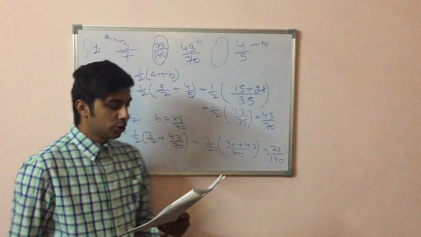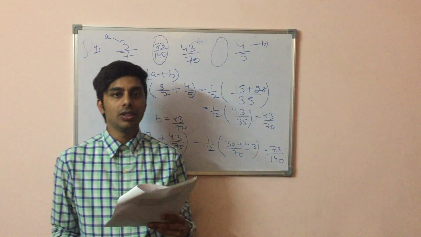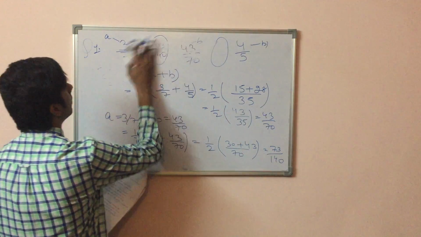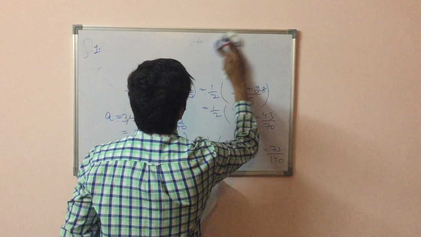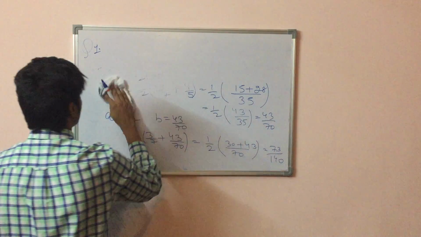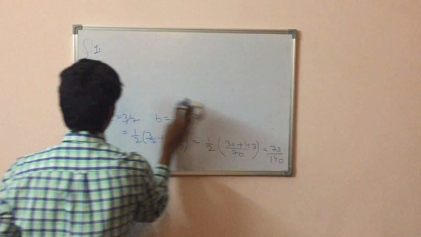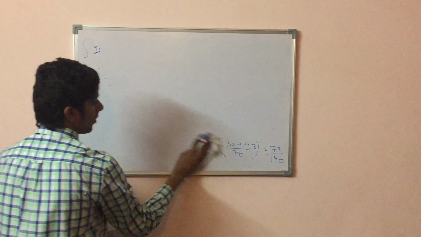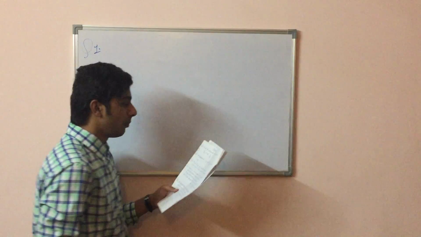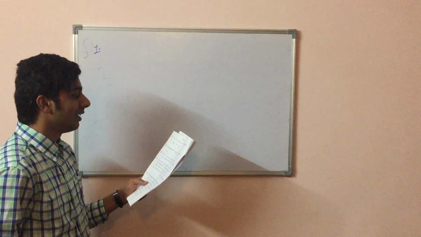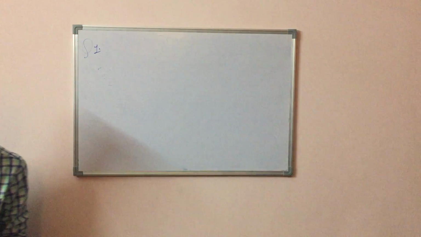So our next question was represent minus 4 upon 3 and 7 upon 5 on number line. You have to represent the two on the number line, but the basic problem that is coming is that just keep one thing in mind, that the denominator should be same in all the cases, right?